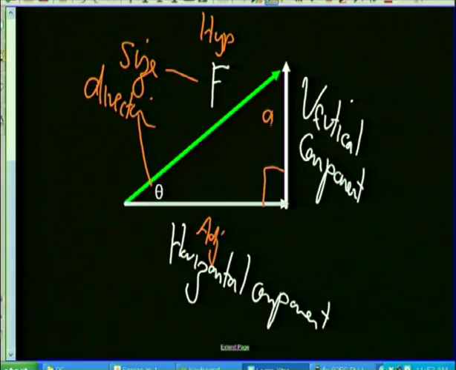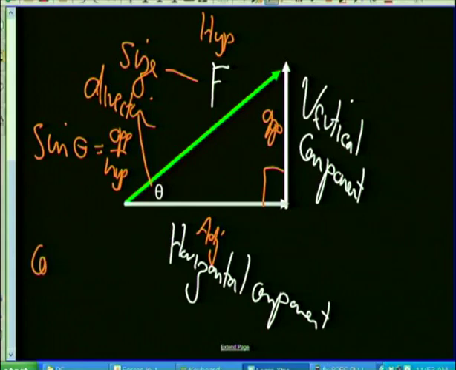This is the opposite. So we know that there are 3 trig ratios that we use commonly. There are 6 in total. But we can use sine theta in this case, which is opposite over hypotenuse, and cos theta, which is adjacent over hypotenuse.